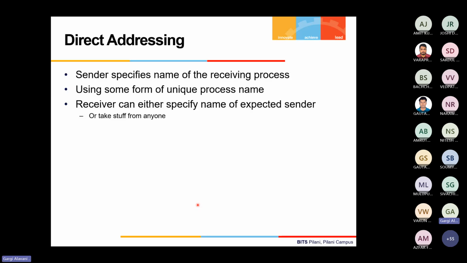Here, the sender will specify the name of the receiving process. It can use some kind of unique process names, and the receiver can also specify the names of expected senders, or it is ready to take any data coming from anyone. This is known as direct addressing.